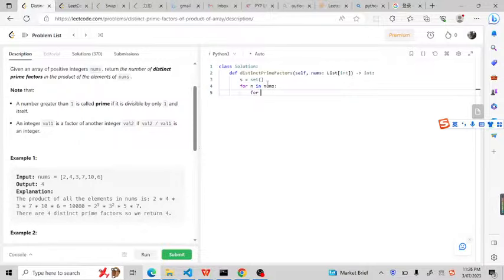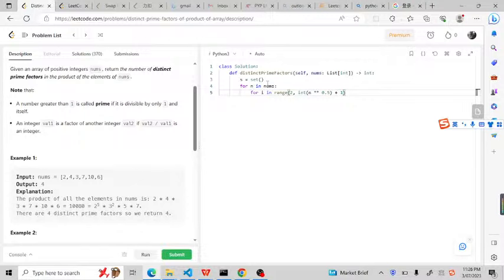We can use for i in range 2 to int of n to the power of 0.5, plus 1.